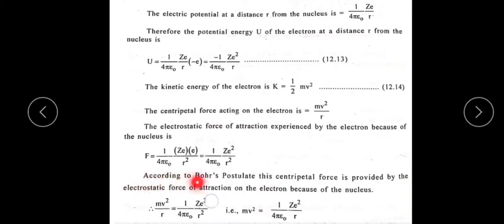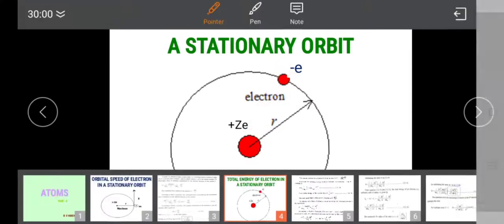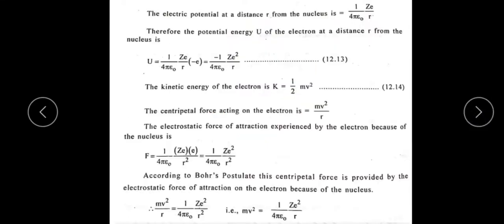According to Bohr's postulate, this centripetal force is provided by the electrostatic force of attraction on the electron because of the nucleus. As I already told, an electron is revolving around the nucleus with a centripetal force. That centripetal force is provided by the electrostatic force of attraction between the positively charged nucleus and the negatively charged electron.